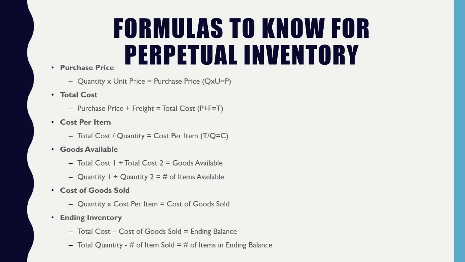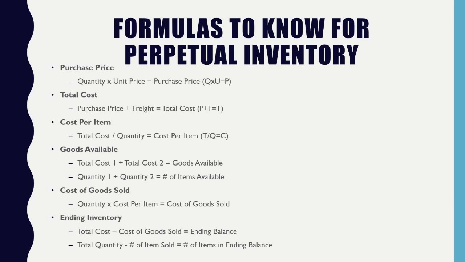The formulas are slightly different in regards to making the calculations, but when we solve for purchases and the total cost, all of those are the same, including the cost per unit or cost per item. The only thing that's going to be different is your goods available and your cost of goods sold.